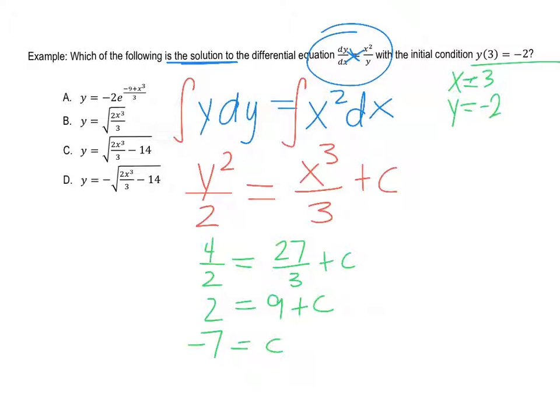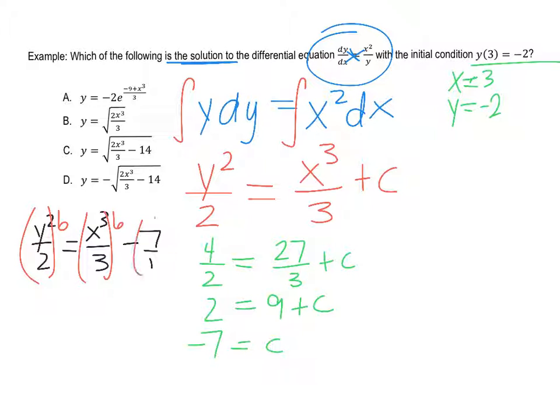So now I'm going to substitute that back in and solve for y. So I have y squared over 2 equals x cubed over 3 minus 7. I'm going to put that over 1 since everything else is a fraction. I'm going to get rid of my fractions by just multiplying everything by the common denominator. So I'm going to multiply this one by 6, multiply this by 6, multiply that by 6, and I'll get 3y squared equals 2x cubed minus 42.